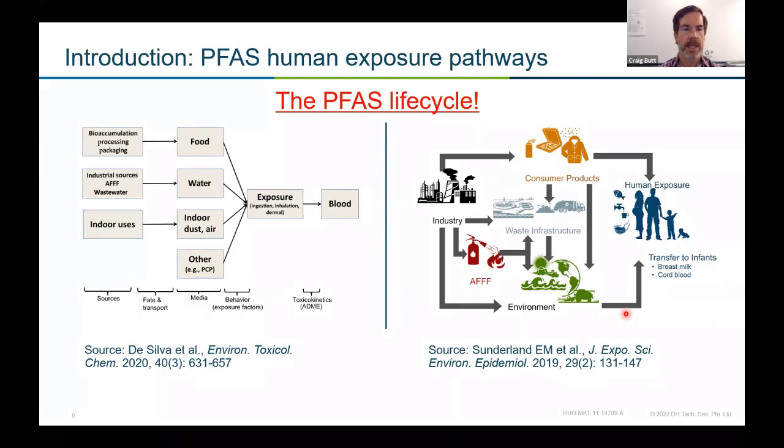But of course, there is a link, right? And it is important for us when considering PFAS to look at the entire PFAS life cycle. I've shown a couple of good cartoons here, schematics, to show how all of those different environmental compartments are related and why it is important to look at those when we consider human blood or other human tissues, such as breast milk or cord milk or even urine.